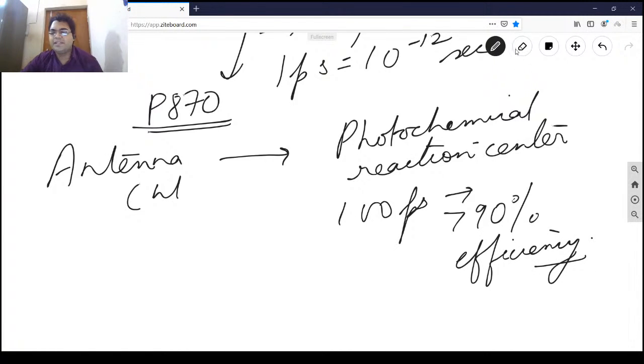Always remember this fact, more than 90% efficiency.